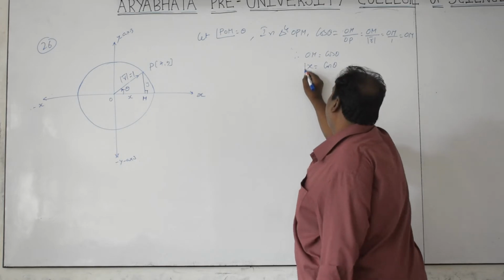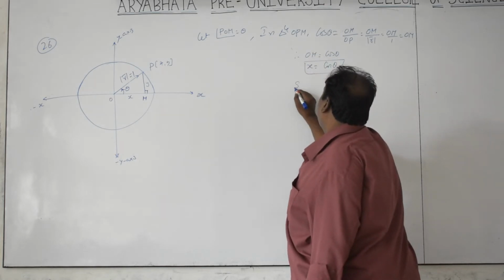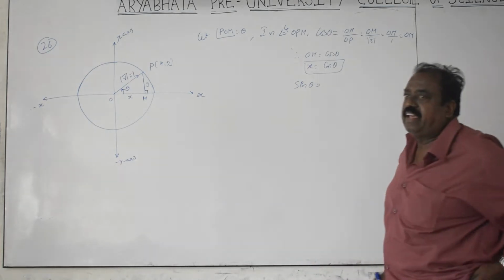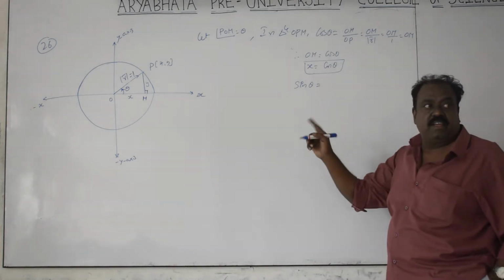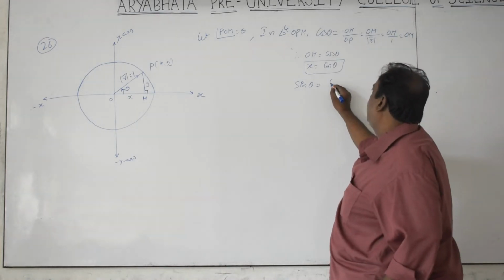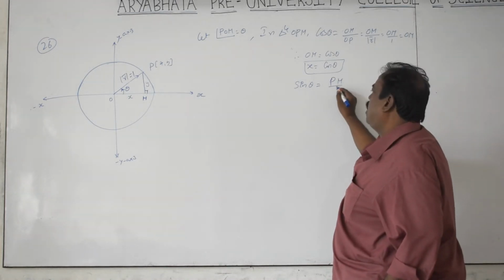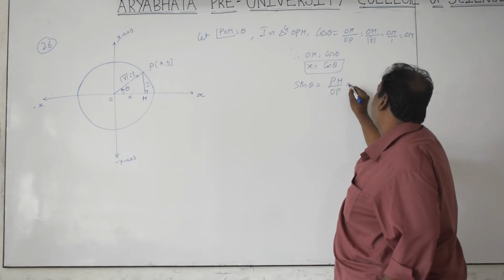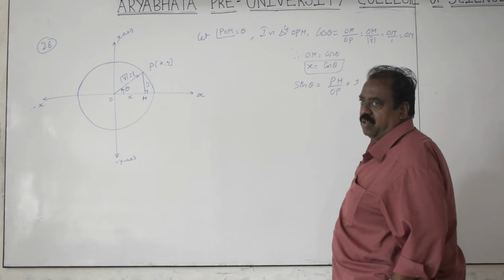It is one result. Similarly, what about sin theta? In the same triangle, sin theta is the opposite side PM by OP. Here also, PM is y.